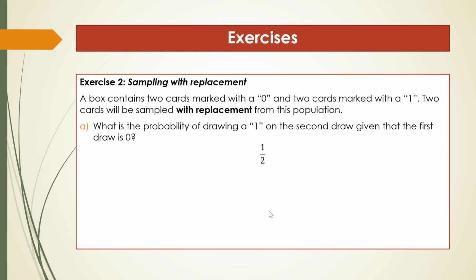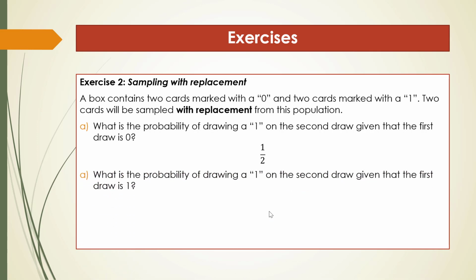So the probability of drawing a 1 on the second draw given the first draw is 0 is 1/2. And the probability of drawing a 1 on the second draw given the first draw is 1 is also 1/2. So here the first draw and the second draw are independent because the occurrence of the first draw does not affect the occurrence of the second draw, because basically what we took out from the first draw will be returned.